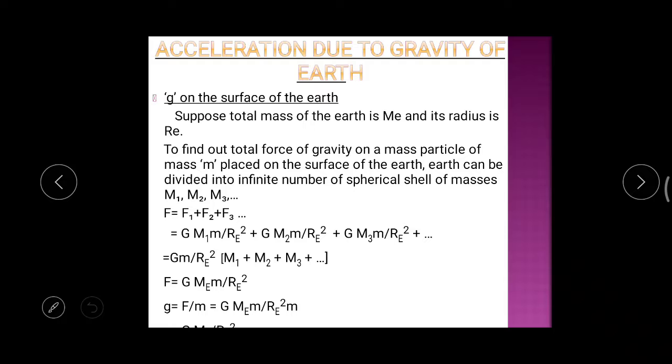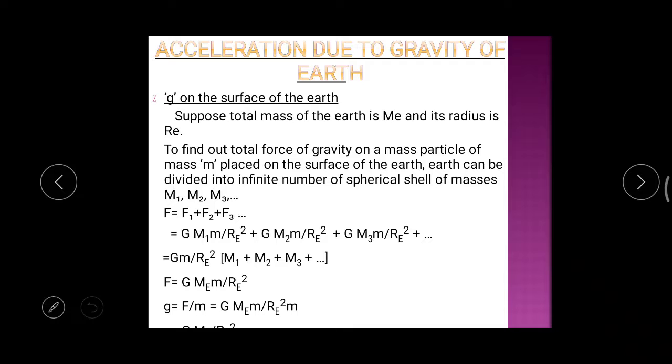Suppose the mass of the earth is Me and the radius of the earth is Re. We have to find out the force acting between the earth and one of the particles which is placed at the surface of the earth.